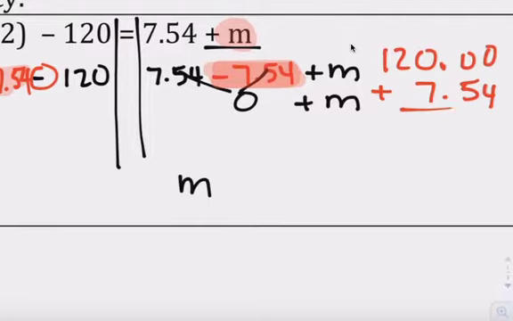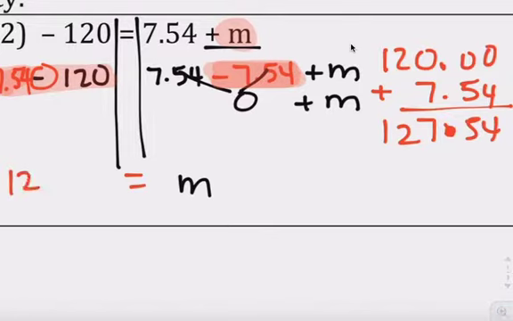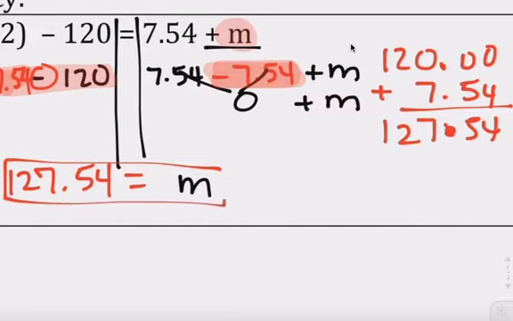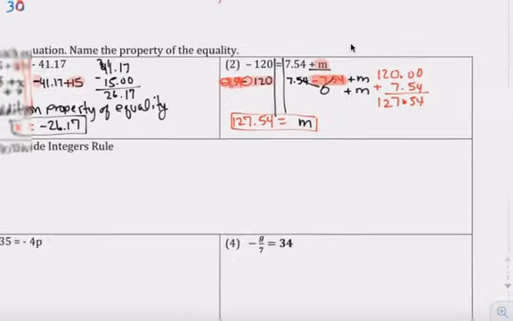Add the zeros in. 5, 4. 7, 2, 1. So m is equal to whatever answer is on this side, which is negative 127.54. Okay?